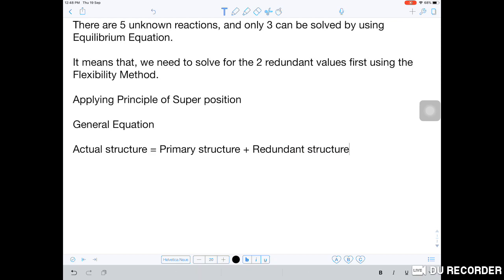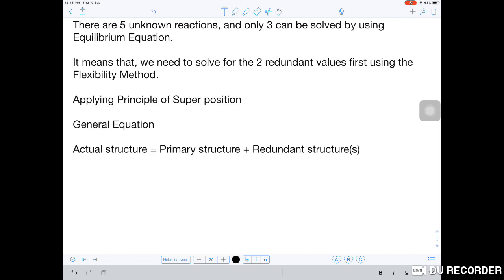Redundant structures. And for this case, for second redundant, we may have more than one redundant because of redundant in the system.